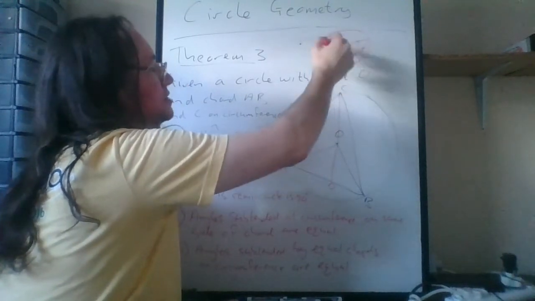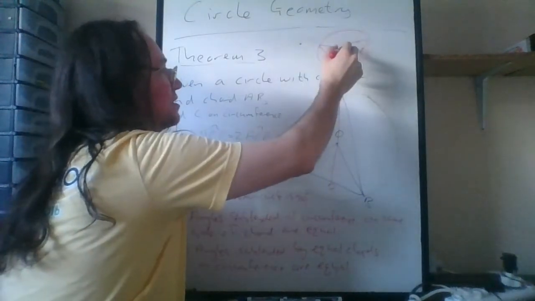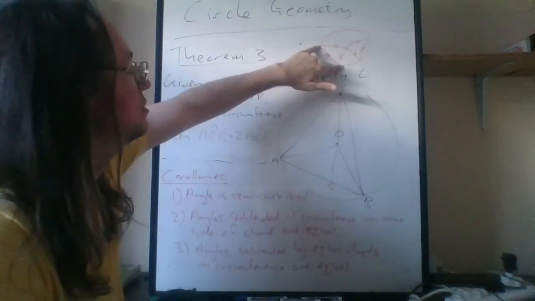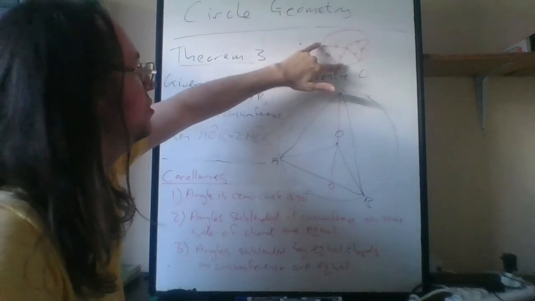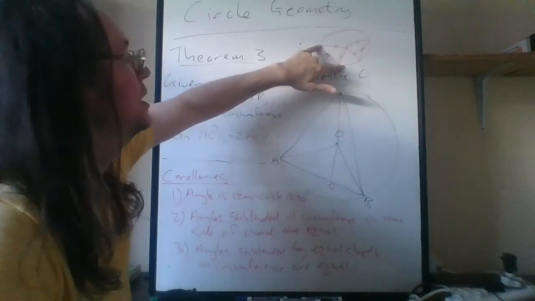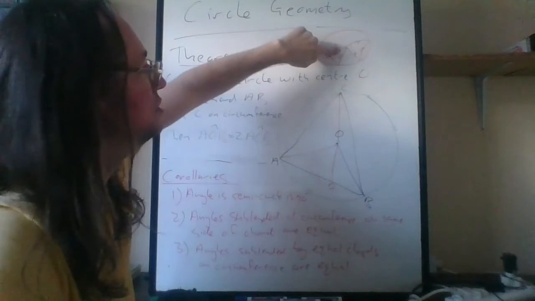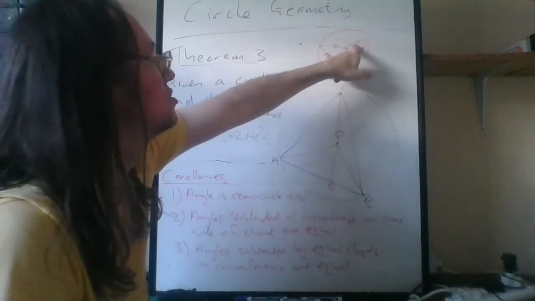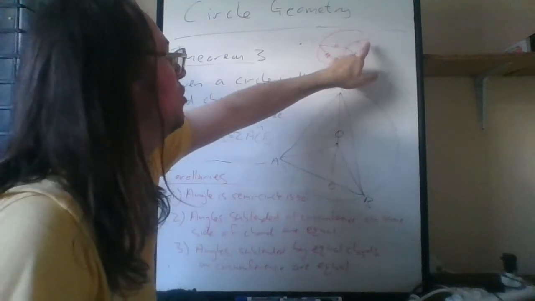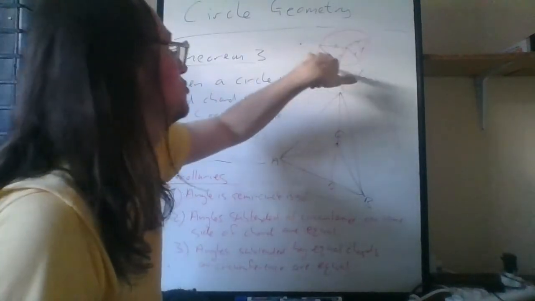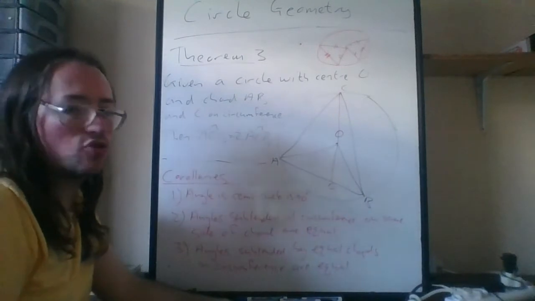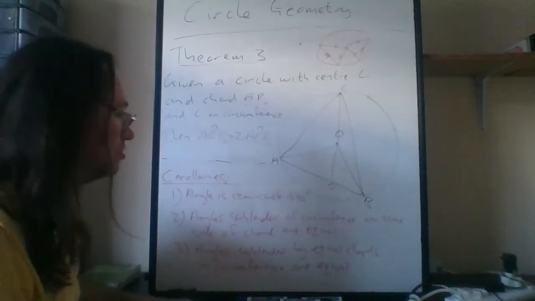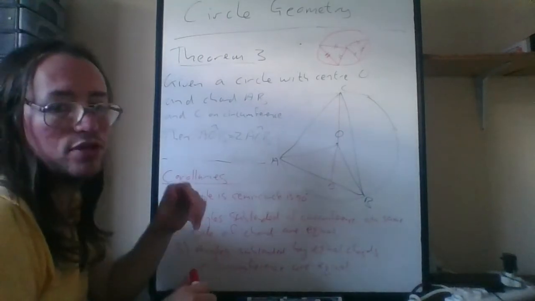Equal length chords means the two triangles are congruent to each other, meaning this angle equals this angle, meaning that the angle obtained on the circumference of a circle by this chord is half the angle at this center of the circle, but that's equal to the angle here, which is double the angle of any angles obtained by this chord on the circumference of the circle. And that is why the third corollary also follows. You can basically just rotate the one triangle onto the other triangle if you want. Okay, that is the third theorem with its three corollaries.